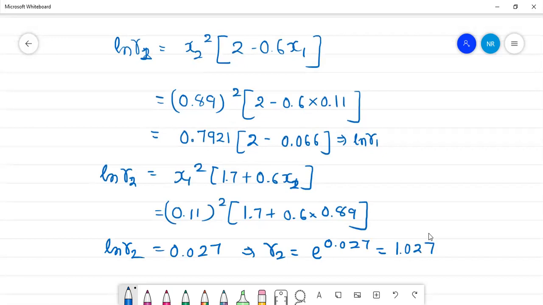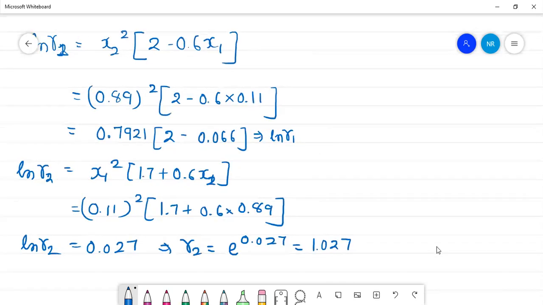And here ln gamma 1 is equal to 1.5319. So gamma 1 is equal to e raised to 1.5319. So it's 4.6270. Okay, gamma 1 and gamma 2 we get.